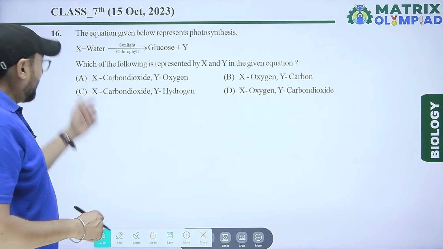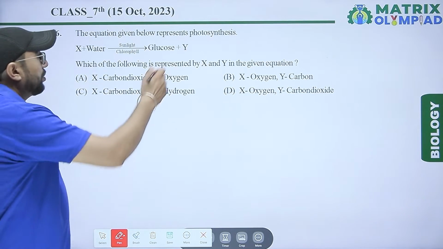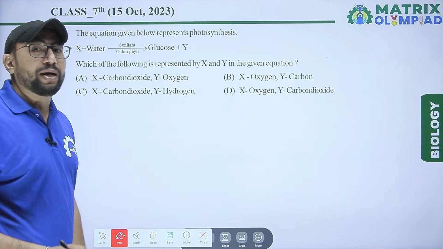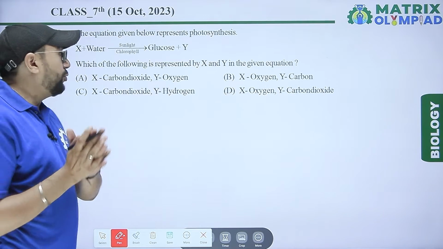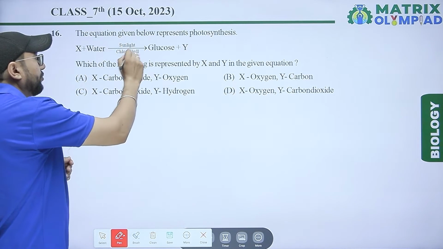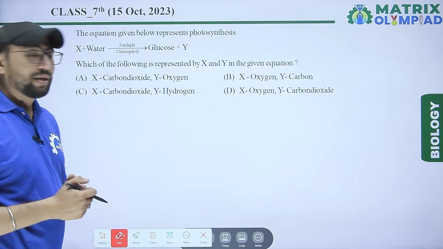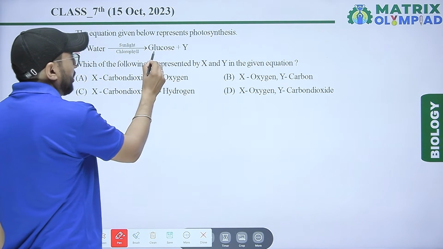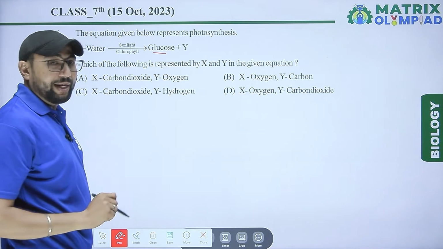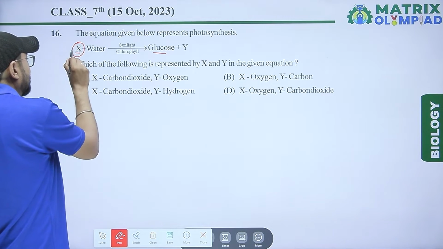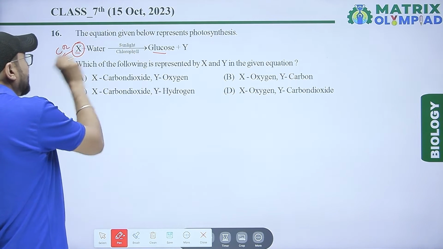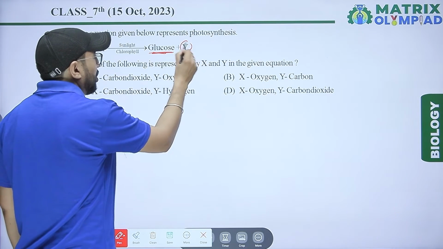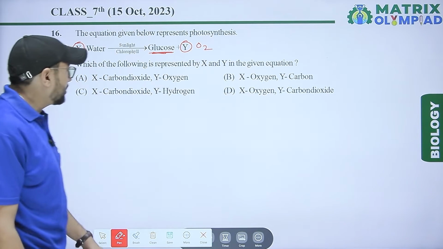Next question: the equation given below represents photosynthesis. Photosynthesis is a process in which plants make their food with the help of chlorophyll and sunlight. Raw material X and water convert into glucose plus Y. X is carbon dioxide and Y is oxygen.